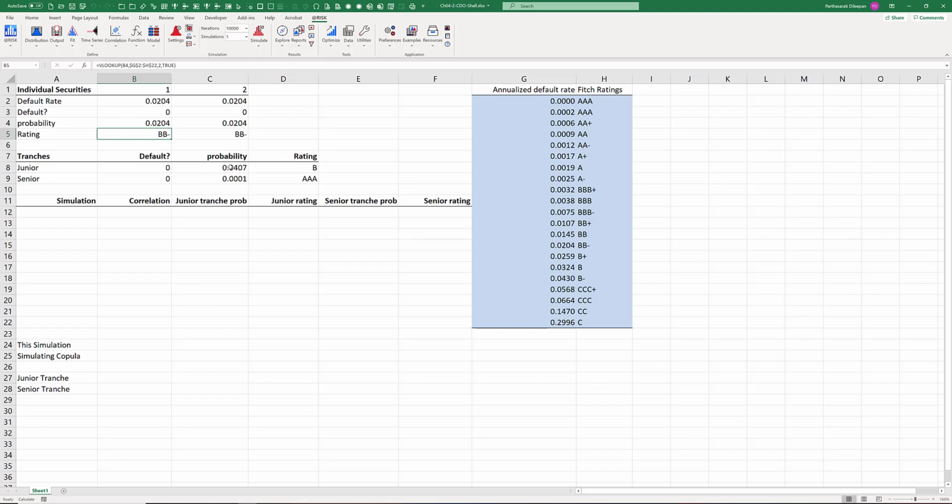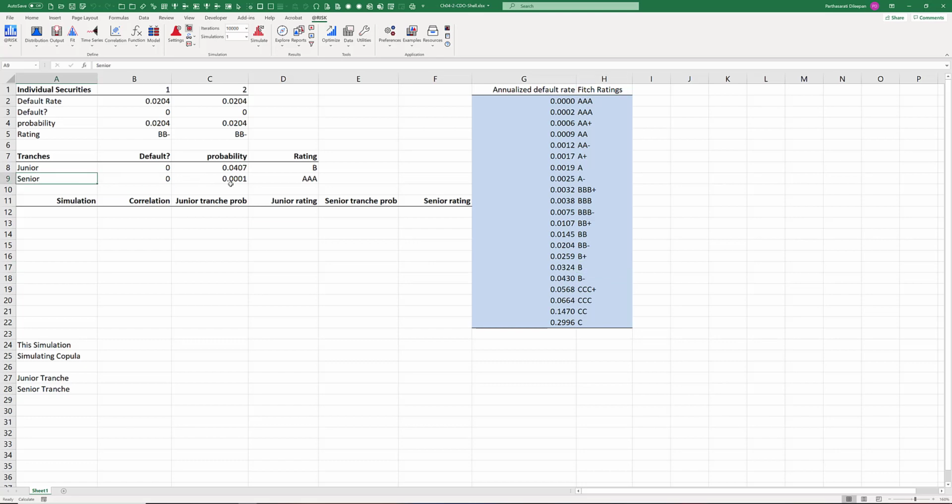Now, if you see the case where you put the two assets together into tranches and sell them as junior tranche, if you do the analysis assuming these two assets behave independently, you go from BB minus to B in the case of the junior tranche.